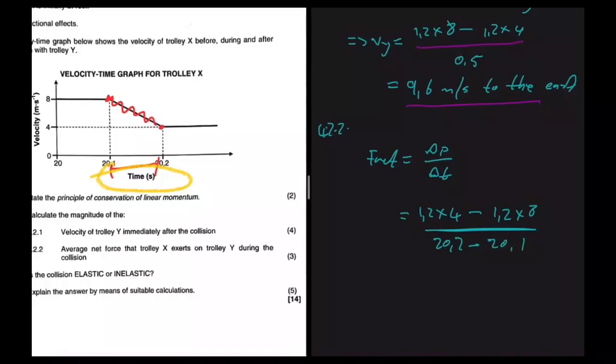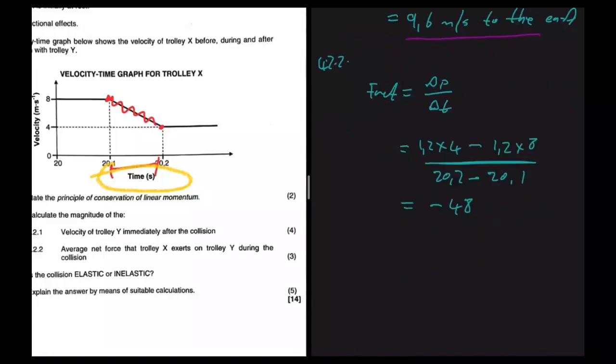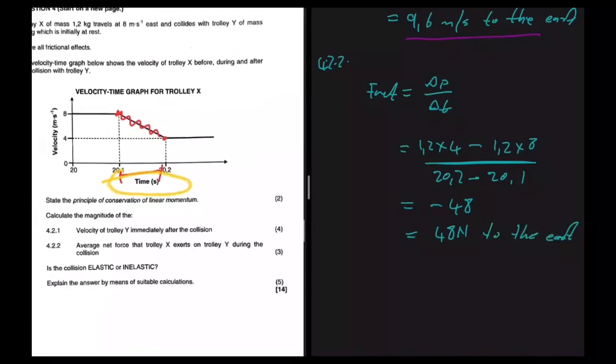So if I just put that in my calculator, let me see what I get here. I'm getting minus 48, right? But we've already said that we don't care about the sign, right? We know that it's supposed to be 48 newtons to the east, right? To the east. And yeah, I think that's it for 4.2.2.